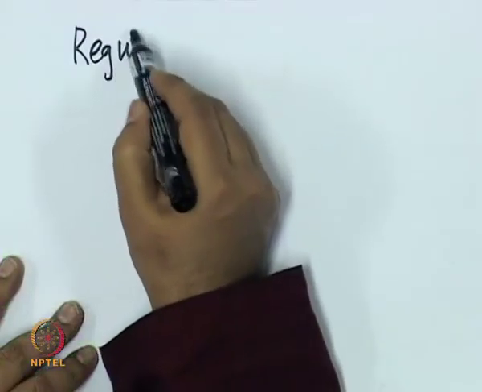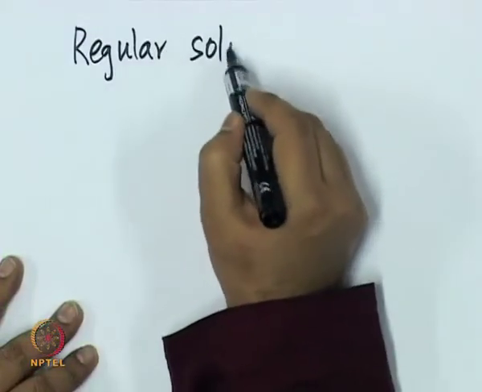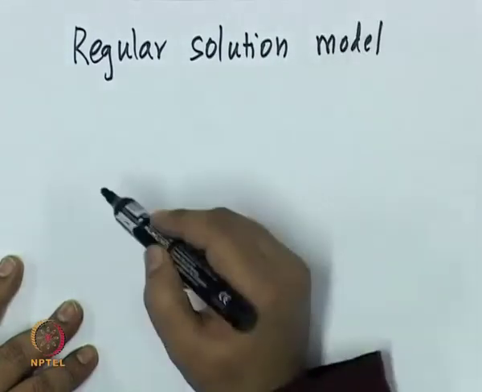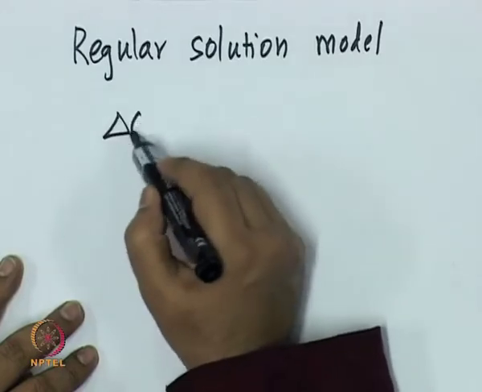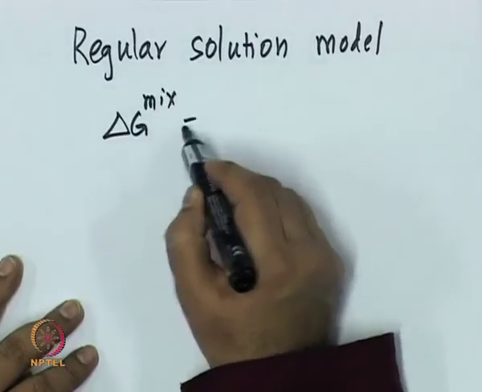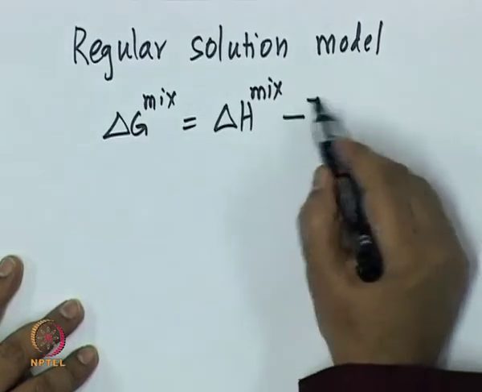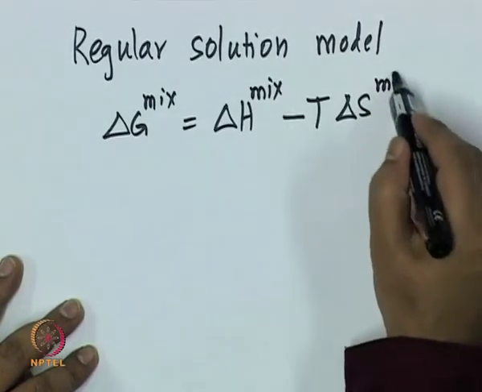In the case of what is known as a regular solution model, we assume that in delta G mix, remember you had two terms, one was delta H mix minus T delta S mix.